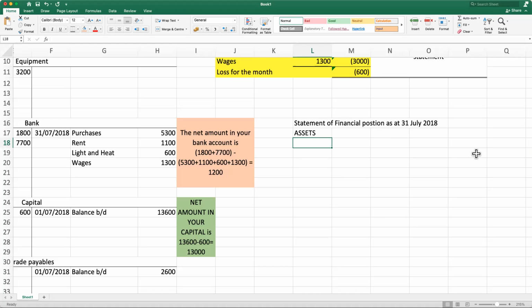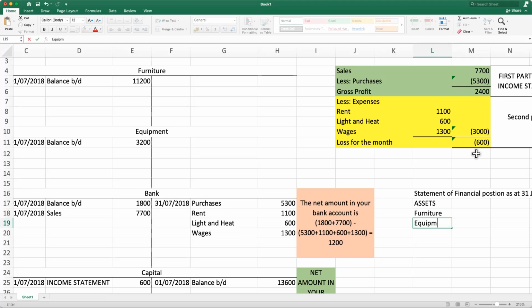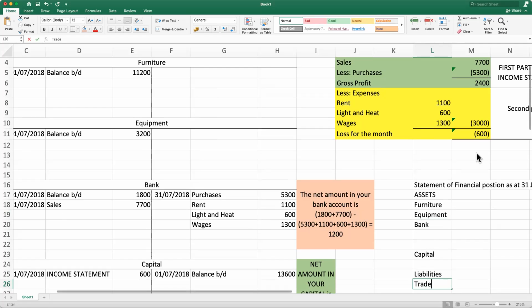So assets will still have furniture, equipment, and bank. And we go down, we have capital, liabilities, trade payable.